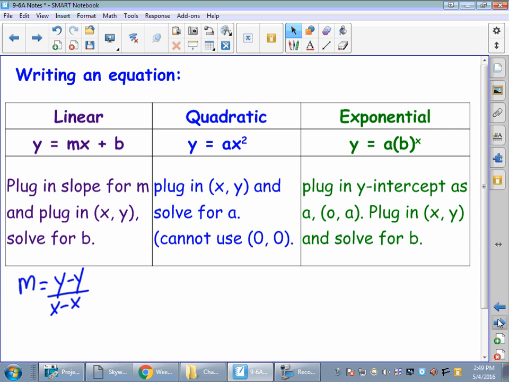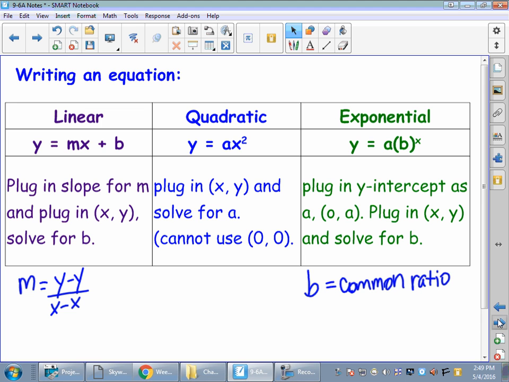The a value is the y-intercept. So if you have an ordered pair (0, a number), that's your a value. If they don't give you that, your b value is equal to that common ratio. So the ratio r that you found that determined it was exponential is the base of your exponential function.